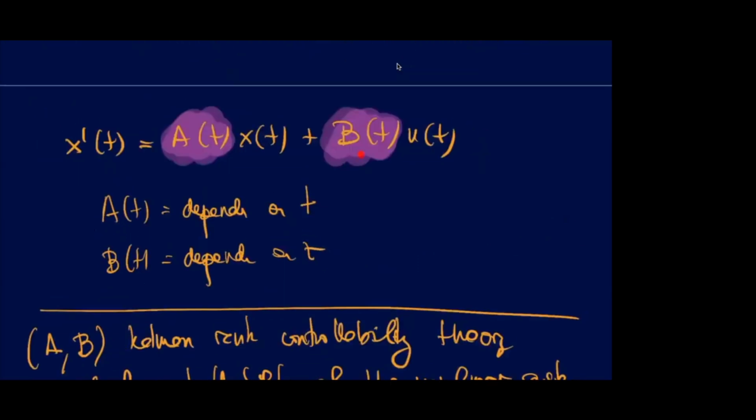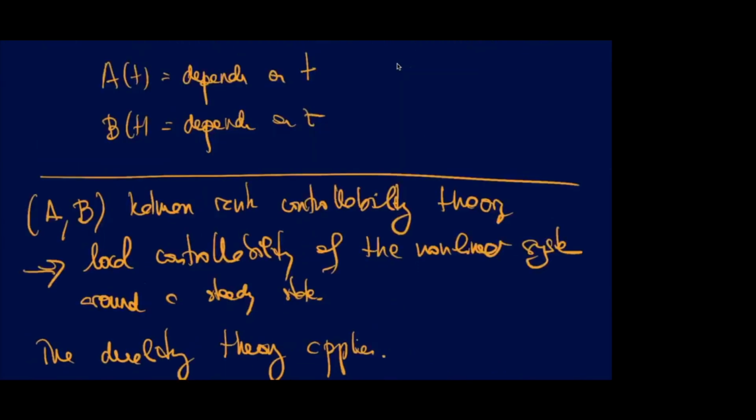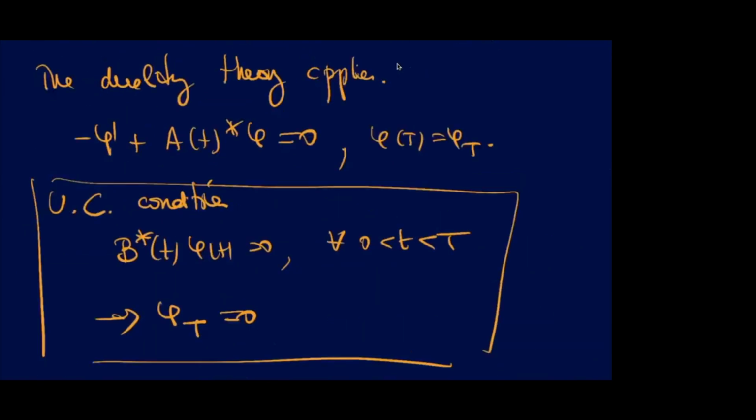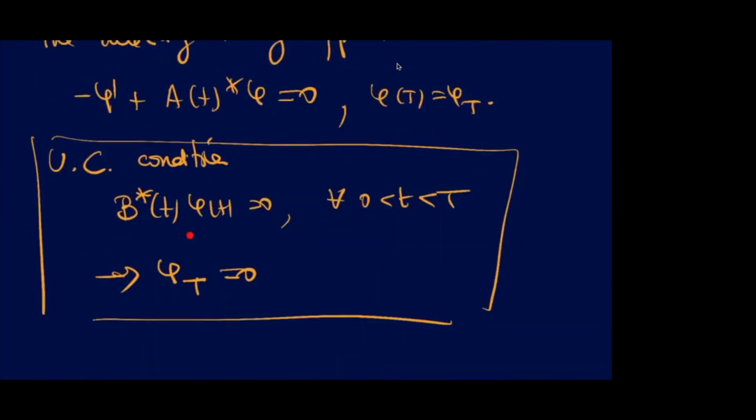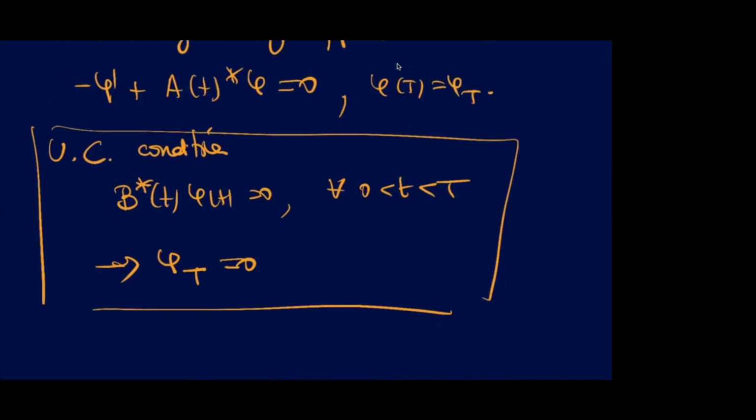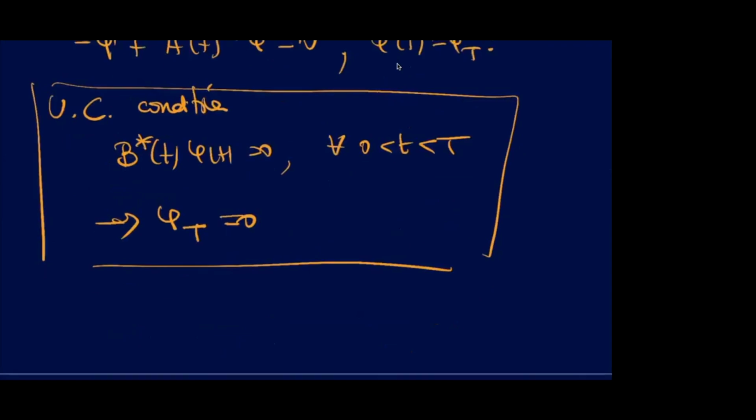And therefore you could use the same arguments as we used in Kalman to say, if B(t) and A(t) are analytic, everything will be expanded in power series, and then you will find some kind of Kalman rank condition, which is more tricky, of course, but you will get it, right?